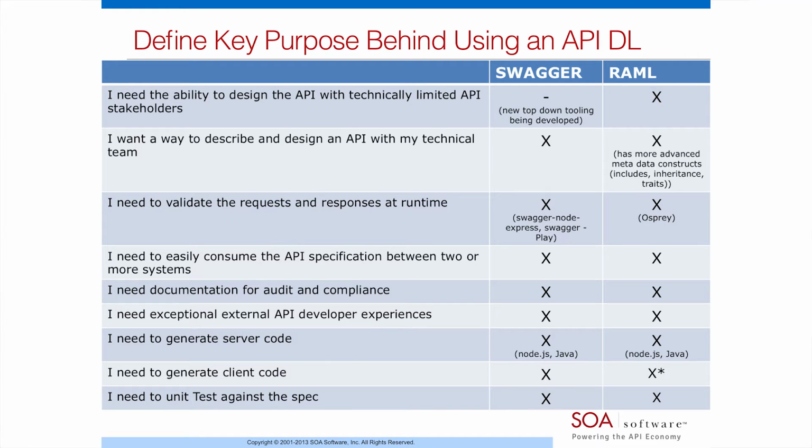I need an exceptional external API developer experience. De facto today, pretty much everybody's been using the Swagger UI. You go to all the developer portals, it's just kind of the de facto thing. We support it with SOA Software, but I would contend that RAML has a very nice user interface as well that you can embed in your developer portal.